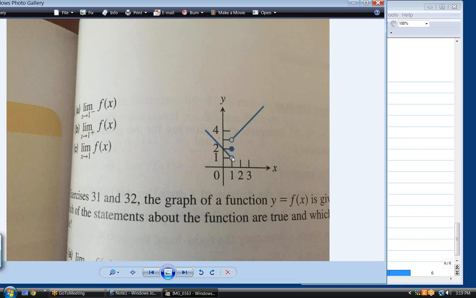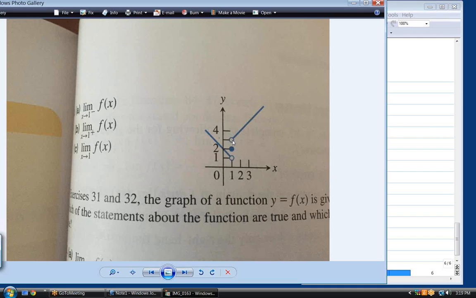Okay? Now, what is the limit as we approach 1 from the right? It's 2. Or 3. It's 3. Now, those are different. As we approach 1 from the left, it's 1. As we approach 1 from the right, it's 3.